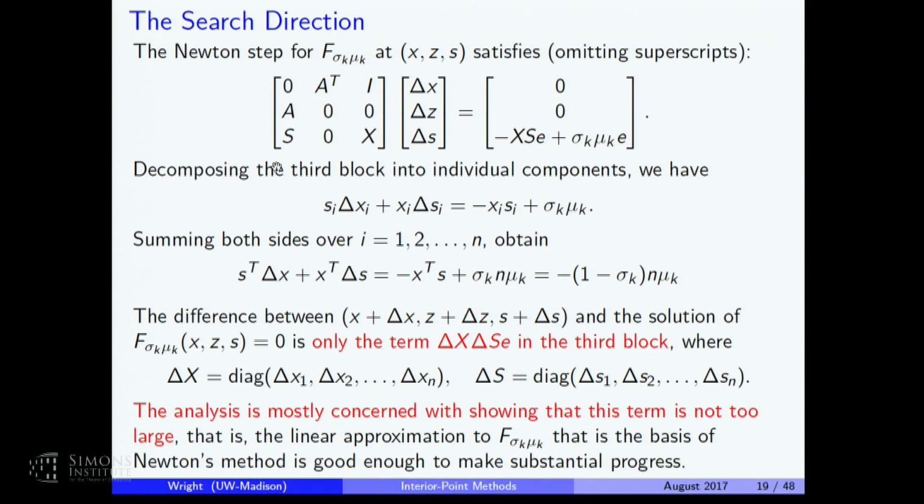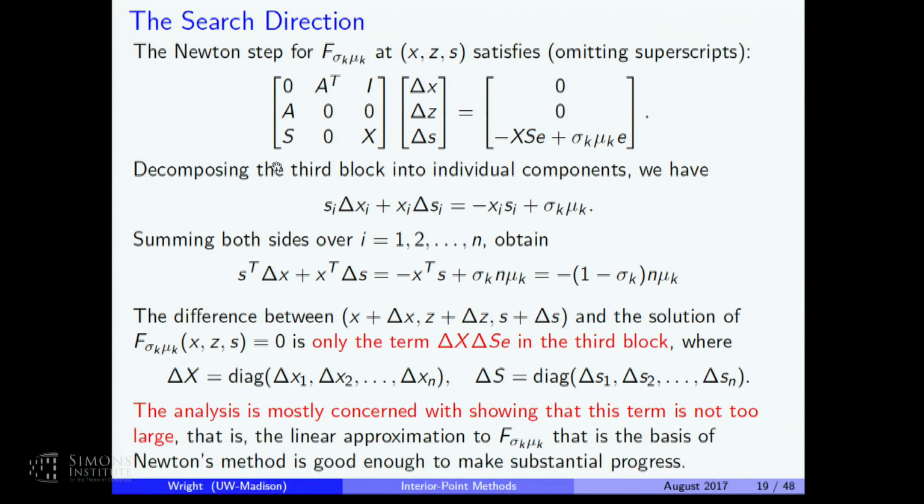Now, if you look at this system, this is a linearization of that F of tau system. The F of tau system is almost linear as it stands. The only thing that's stopping it being linear is the x times s terms. So the only thing I've left out here, if I put in the delta x delta s times e term, I'd have actually an exact relationship.